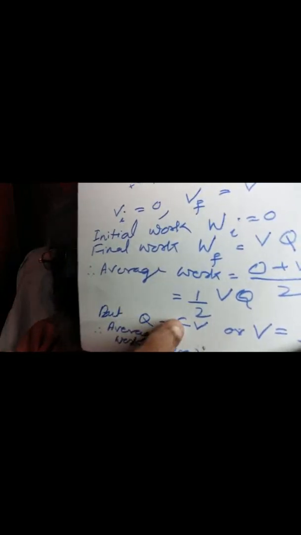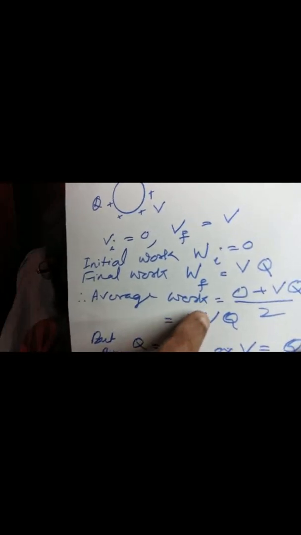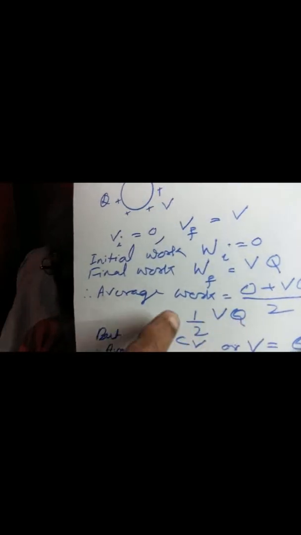But we know that Q equals C into V, or C equals Q by V. So you can replace this Q as CV. Then the answer is work done is half V into CV, or half CV square.